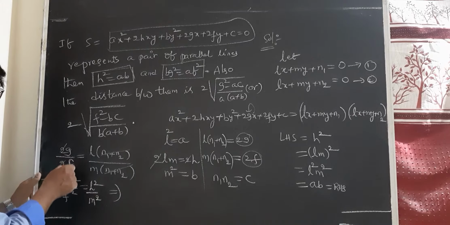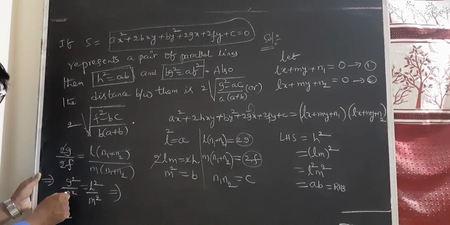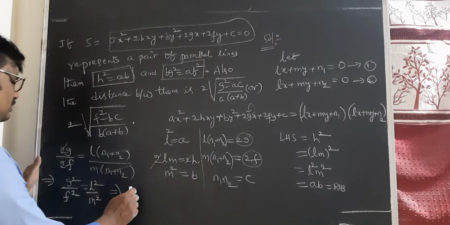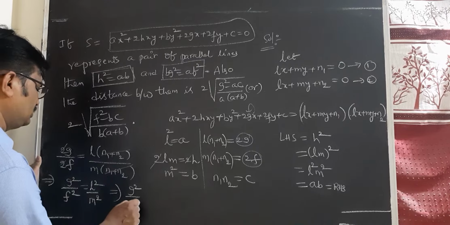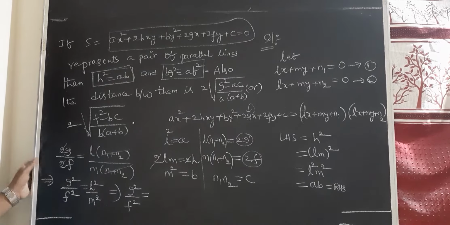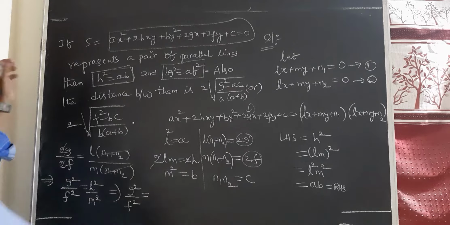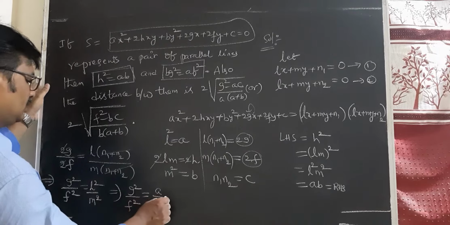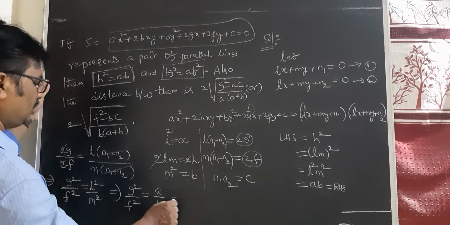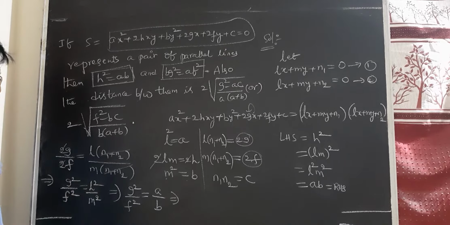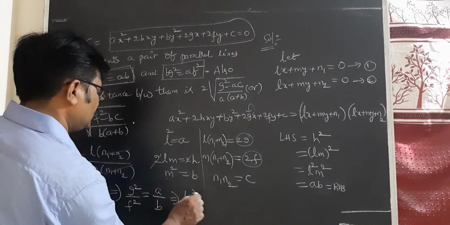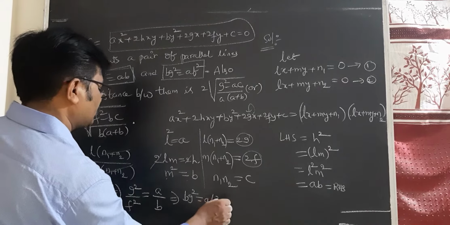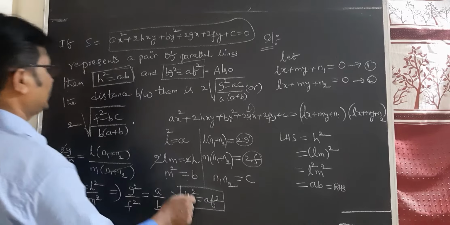L square is small a, m square is small b. After then, the cross multiplication, af square equal to bg square. This is the second one.